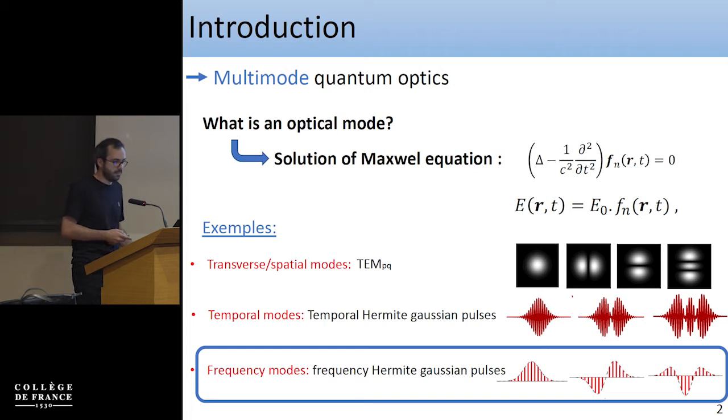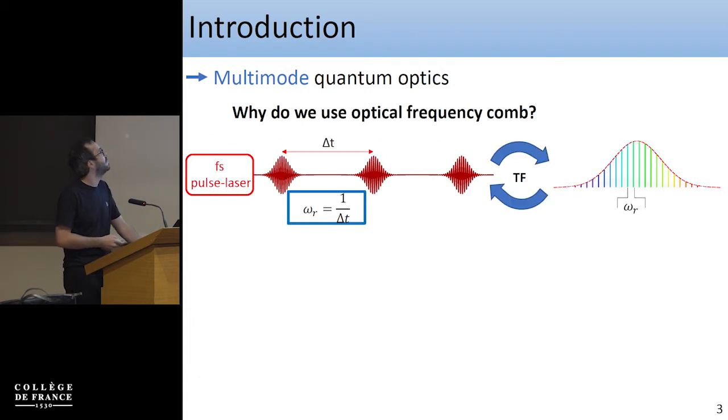So why? There are several advantages for this kind of mode. The first one: if we look at the Fourier transform of a Gaussian frequency comb, what we will observe is that we get this train of pulses here, and this is actually quite easy to produce in the lab.